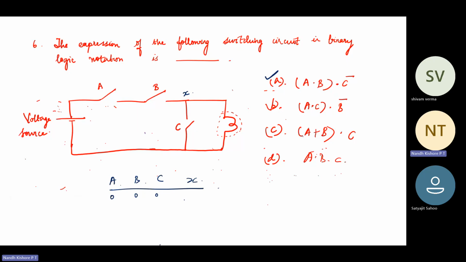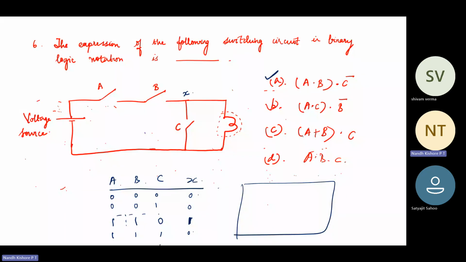If it's 0, 0, 0, then X is 0, on 0, 0, 1, X is 0, and so on all the way till 1, 1, 1. The only case where you get a 1 in the output is 1, 1, 0. All others are 0.